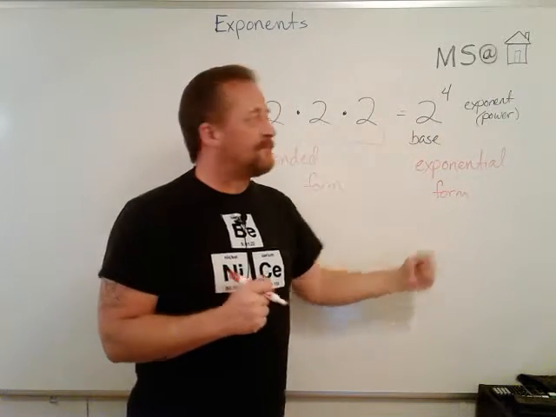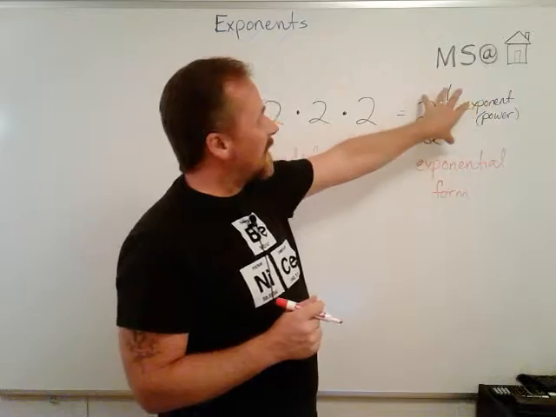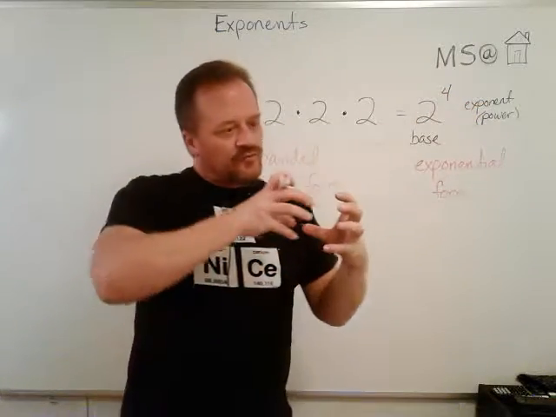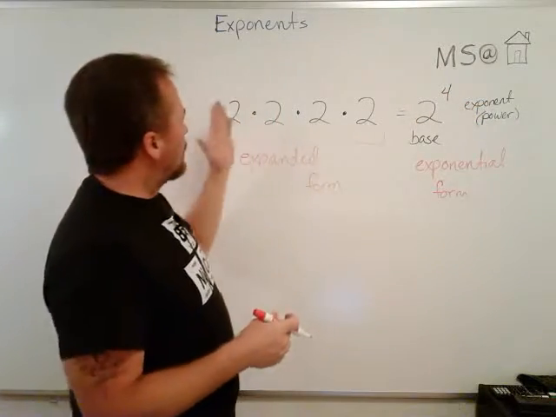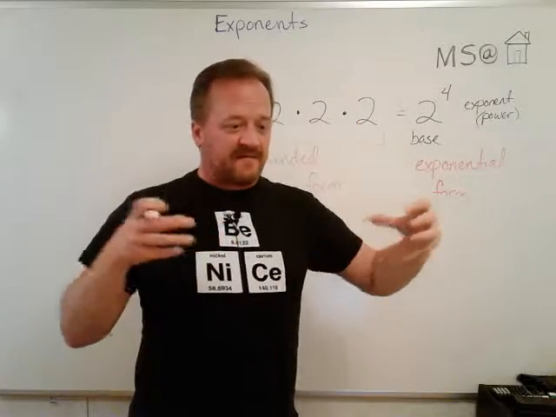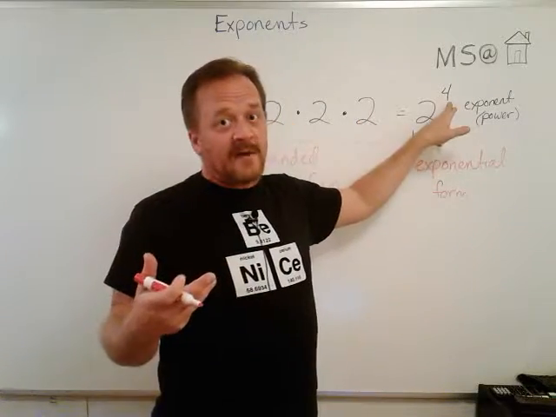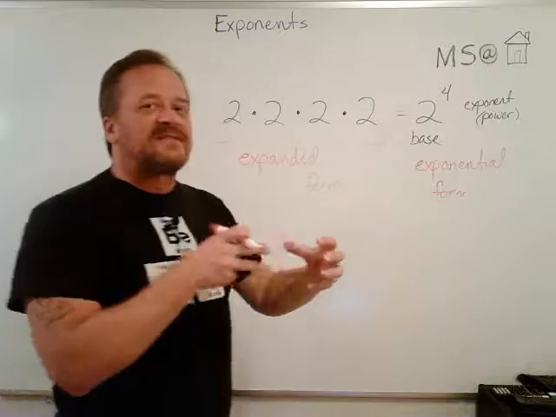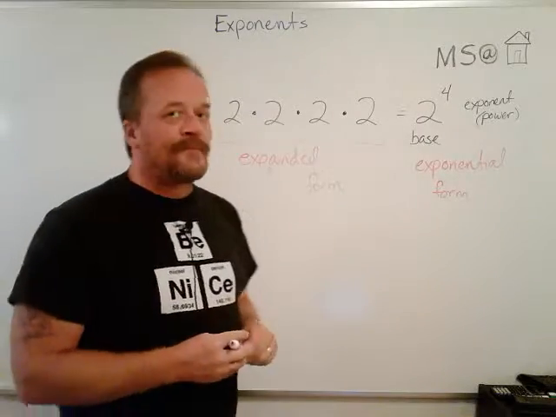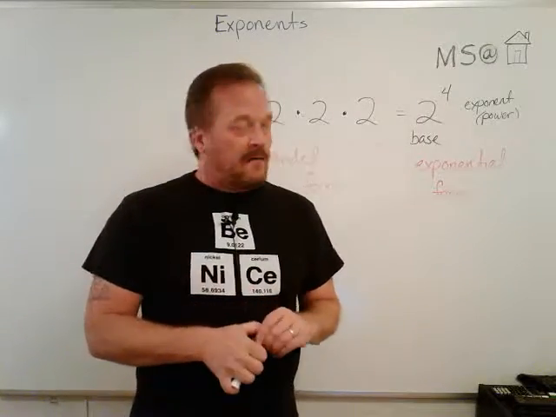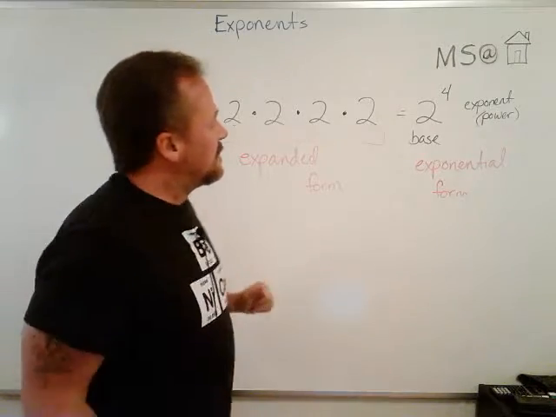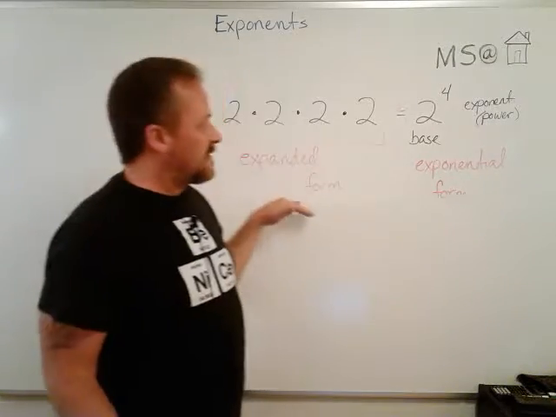If we were to take an exponent and stretch it out so that it shows all the different bases, the number of bases that we have in that power, then we have expanded it into expanded form. Okay?